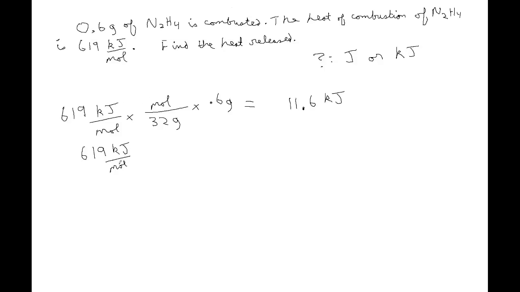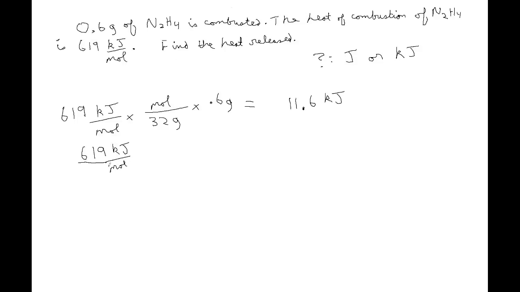Good, except... is this the heat that's required for the combustion or the heat that's released? It's required. Well, is combustion exothermic or endothermic? It's exothermic. So it doesn't make sense to say this is the heat that's required. The heat of combustion refers to heat that's released.